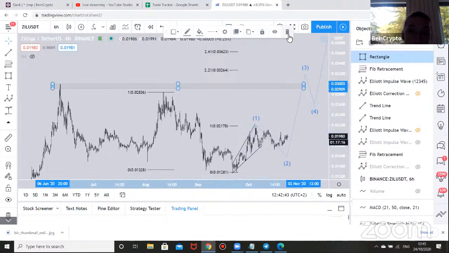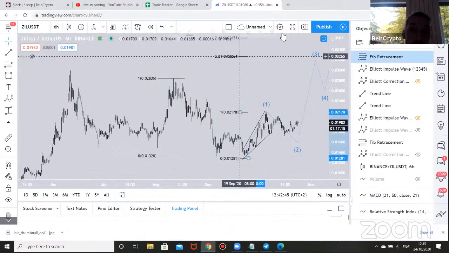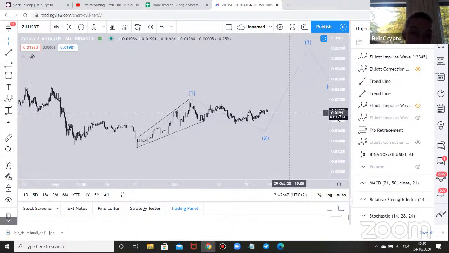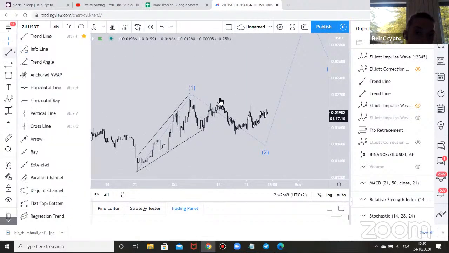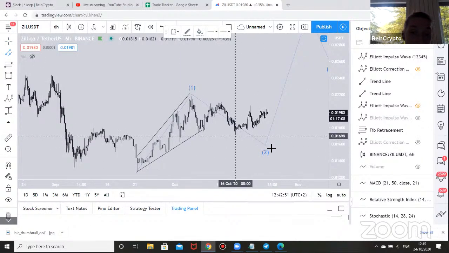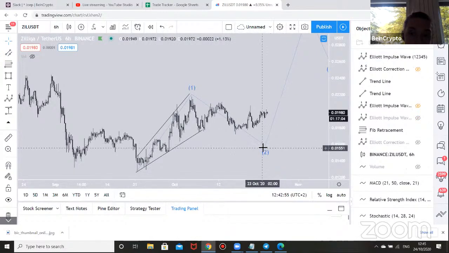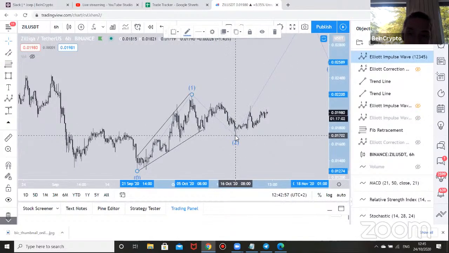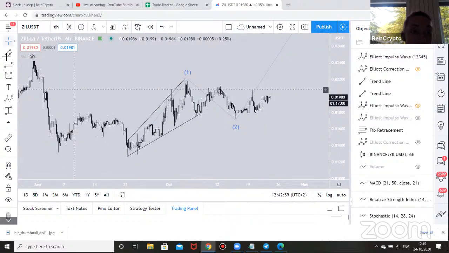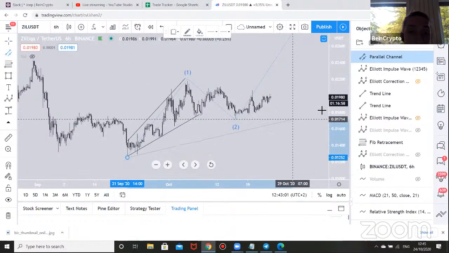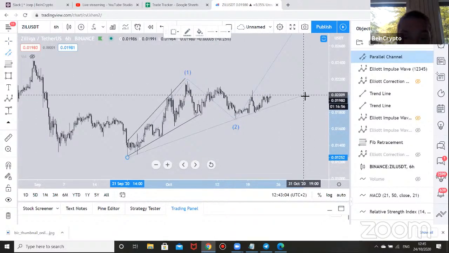Now, let's go back to the channeling thing. So assume that wave 2 ended right here. Again, we don't know if this is correct, but could be. Now, we draw a channel connecting the bottom of waves 1 and 2.